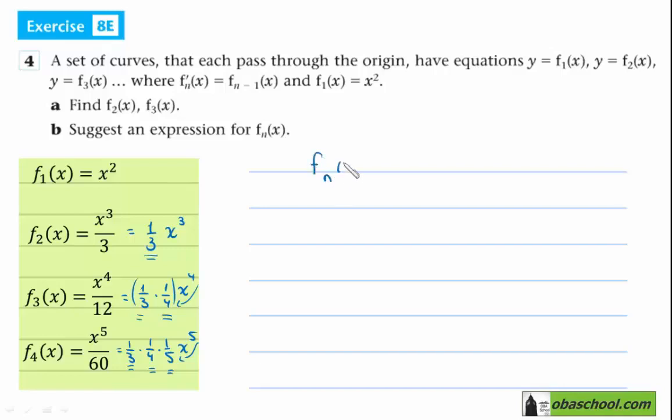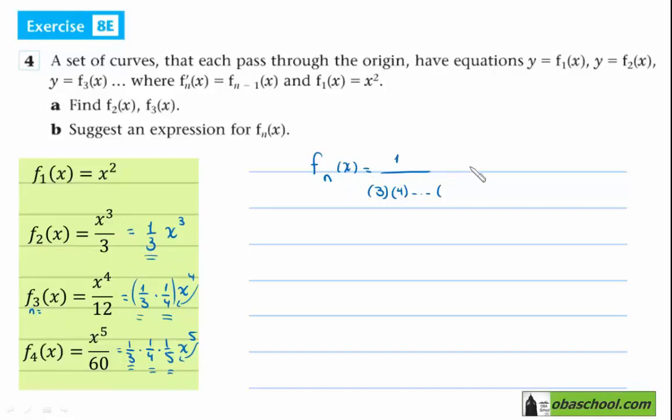Therefore, we can suggest that fn of x is equal to 1 over 3 multiplied by 4, for example, multiplied by so on until the last denominator we have. And the last denominator we have, we just said it's the same as the power of x.